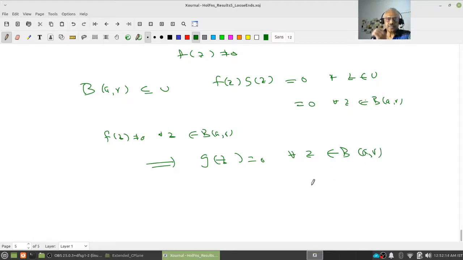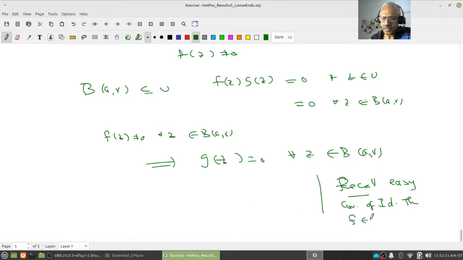Now, do you remember the easy corollary of the identity theorem? It says if I have a holomorphic function f on U connected, and if f is 0 on a non-empty open set, then f is identically 0.